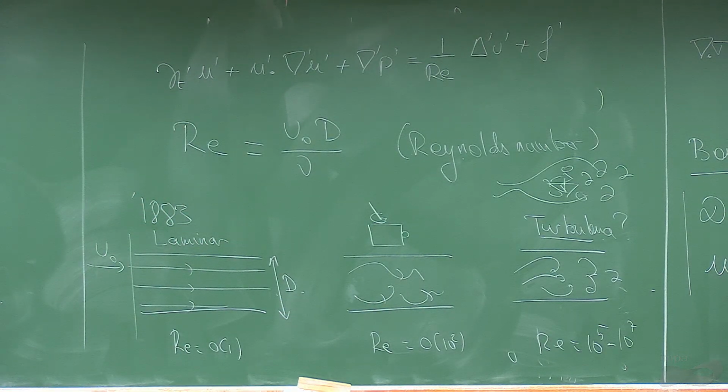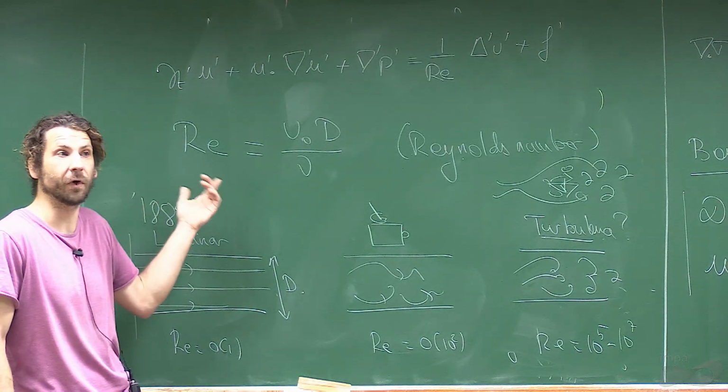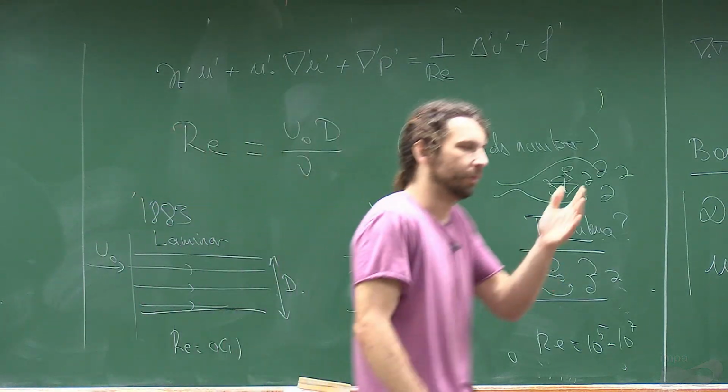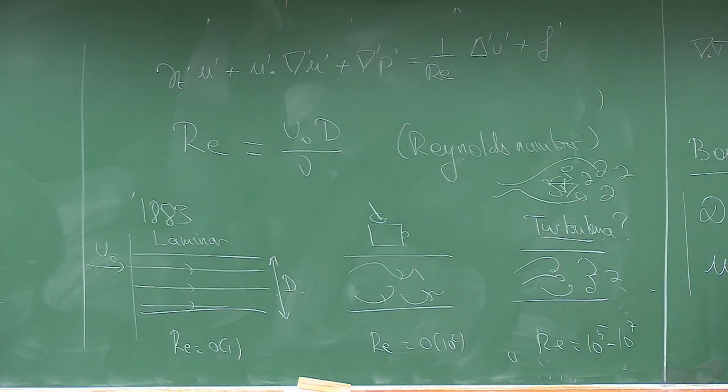The Reynolds number is a good tool, for example, to make planes fly. You want to design a plane which has a certain size and encounters some velocity.